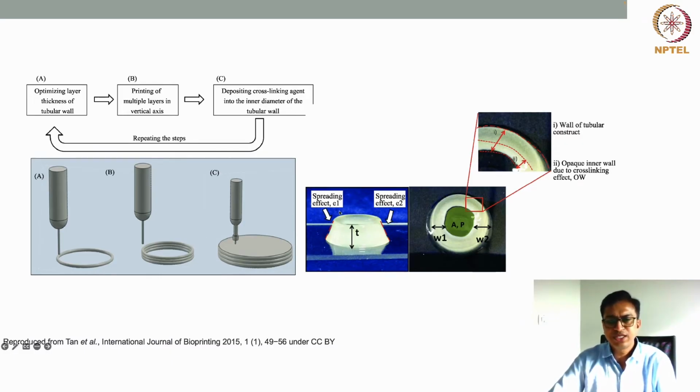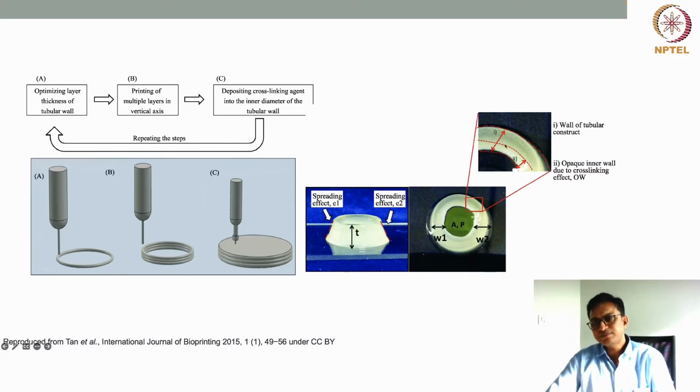If you see here, this is the printed structure, where you can clearly see the inner diameter and the outer diameter, the wall of the channel, and the channel width.